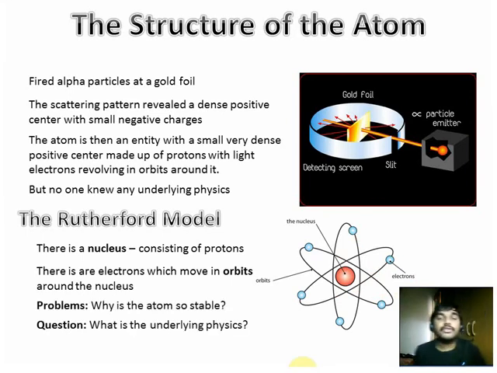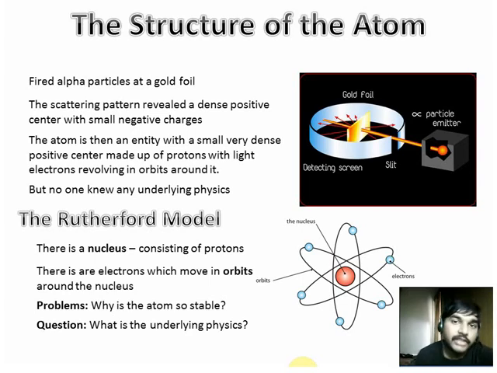The questions still remain. Why is it that the atom is so stable? We don't know an answer to that. Furthermore, what is the underlying physical principle which governs atoms? What are the laws? Can we calculate anything?